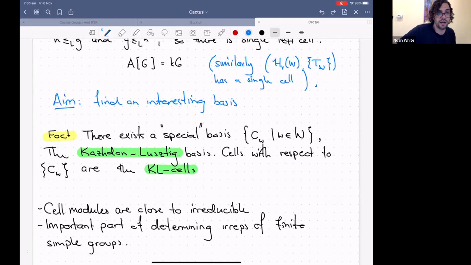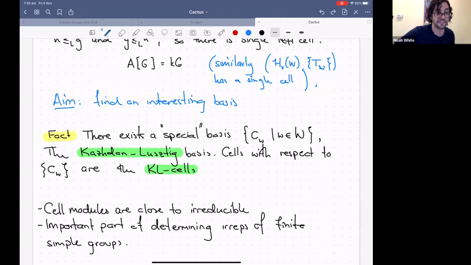Well, if you want to understand the representations of finite simple groups, then one thing that you're immediately confronted with is determining what these Hecke algebras look like in their representation theory.